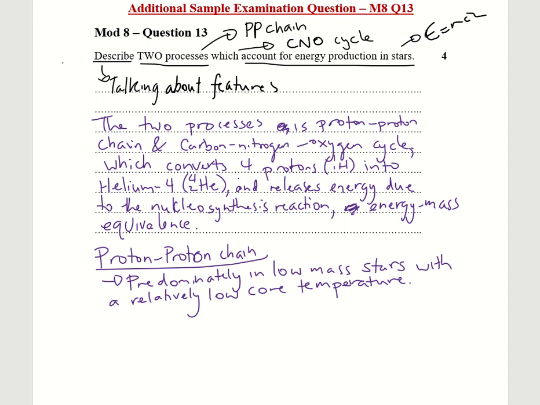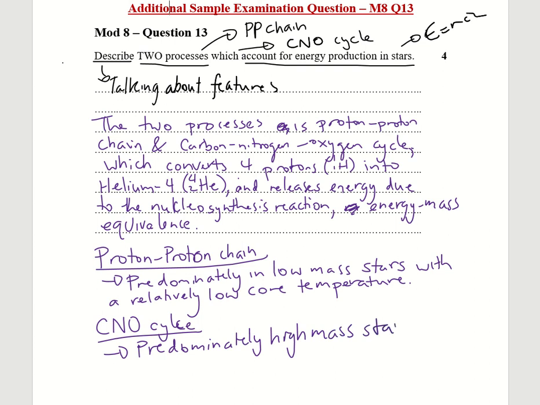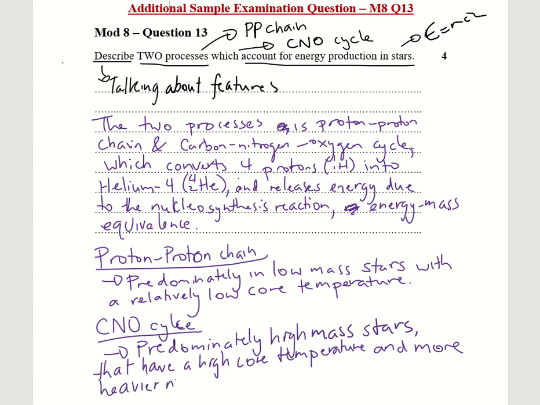Whilst for our carbon, nitrogen, oxygen cycle, it occurs predominantly in high mass stars that have a high core temperature and heavier nuclei.